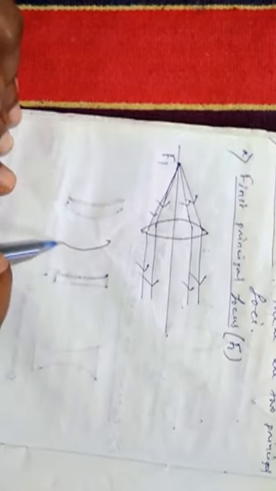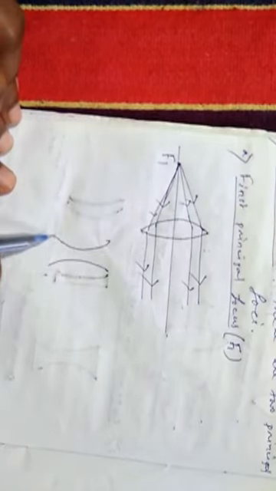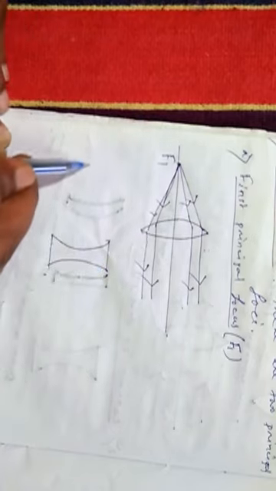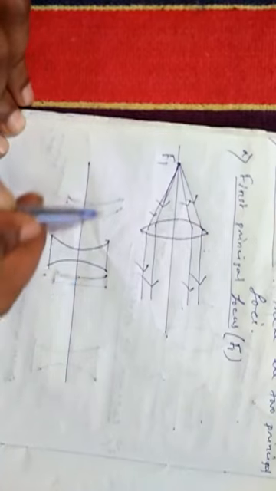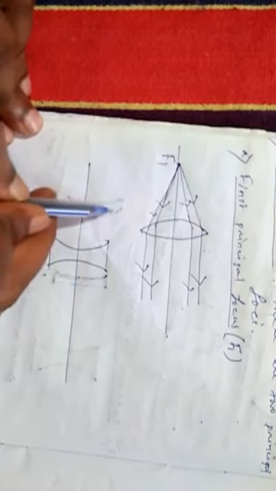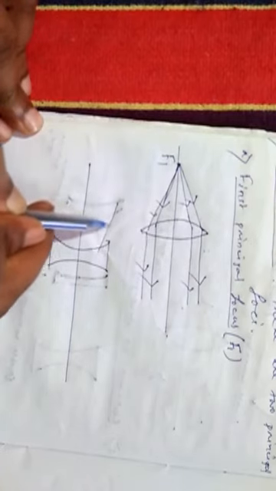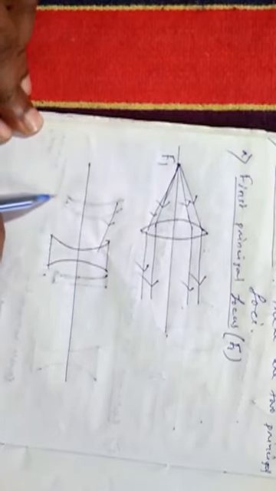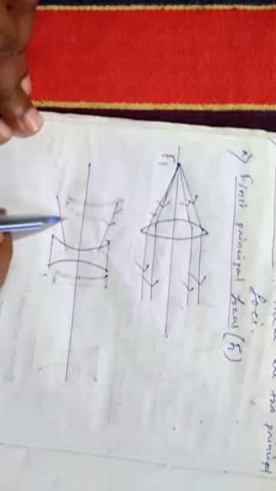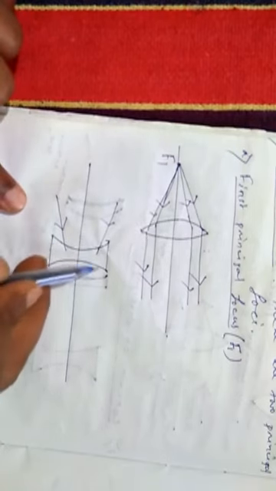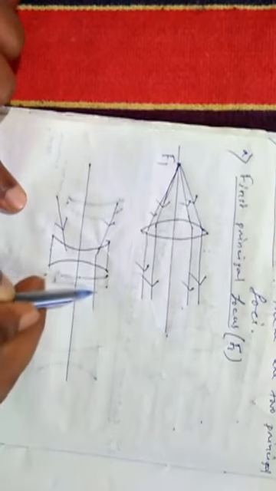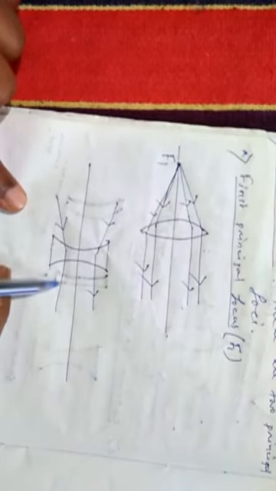Or in case of a concave lens, if you take the light rays directed to a point, then after refraction they go parallel with the principal axis.